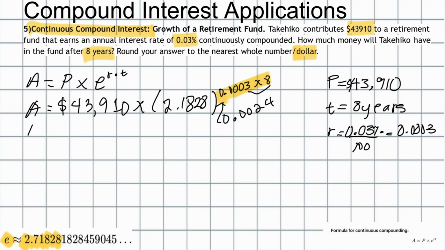And we say that once again A is equal to the principal, 43,910 times, well, that one looks like a 2, so let me fix that. So when we plug this into a calculator, we put 2.71828 within parentheses, right?